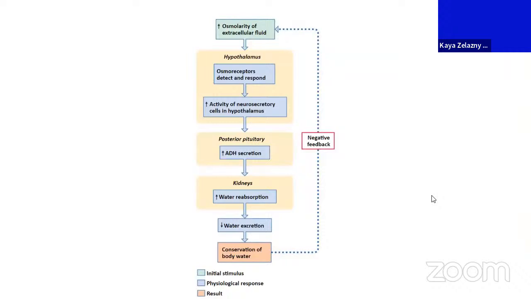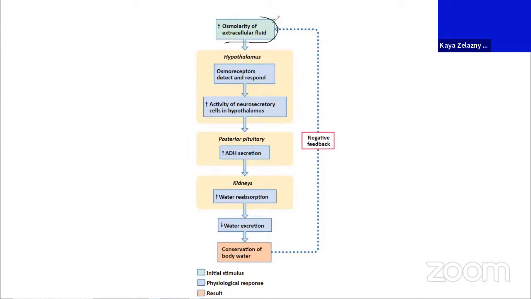So here is one loop we might look at as we are thinking about what's going on with the kidney and this ADH. Say we've got this high osmolarity first in the plasma. Plasma is a type of extracellular fluid, so it's in the bloodstream, basically, heading up to your brain.